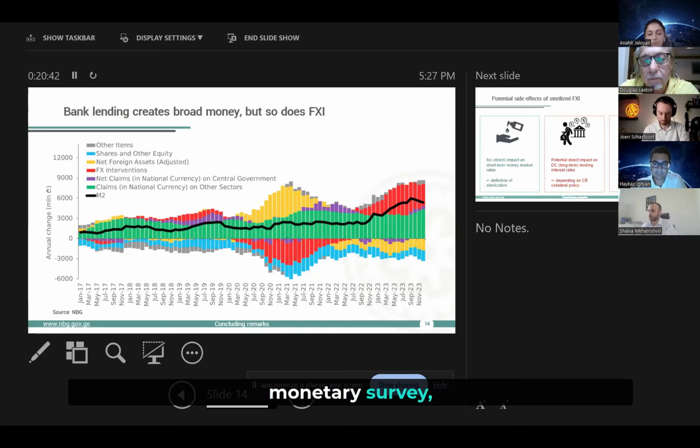We looked at the monetary survey, which is the balance sheet of the central bank plus the balance sheet of other depository corporations. If you decompose this change in M2 by driving forces, by other items on the balance sheet, you see that, as we have understood for quite some time, the major driver of M2 is lending to the non-financial sector. These are the green bars. So essentially, lending creates M2, as we already knew.